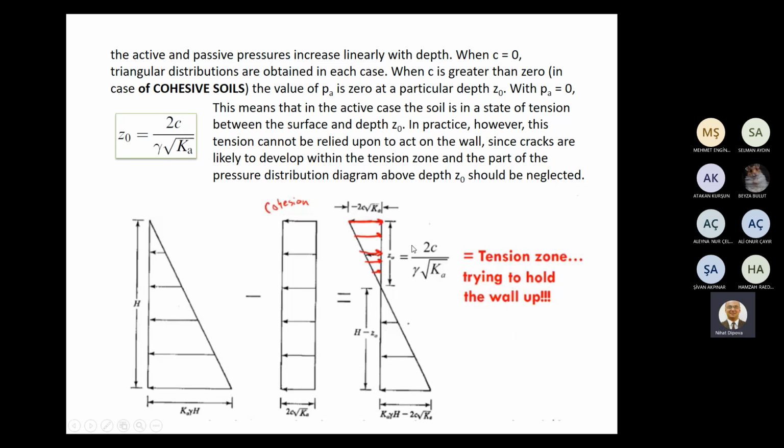Because we know the tensile strength of soil is negligible, and generally we can take it as 0. When the tensile strength here is approximately 0, a negligible value, we can neglect this zone.